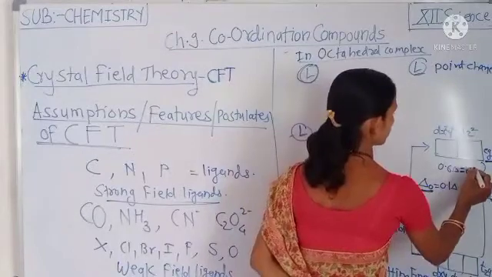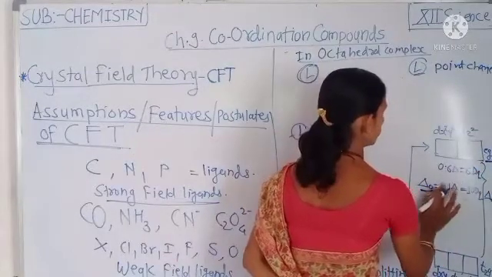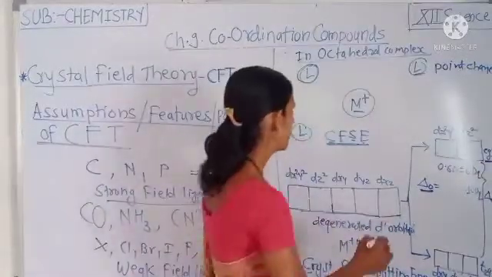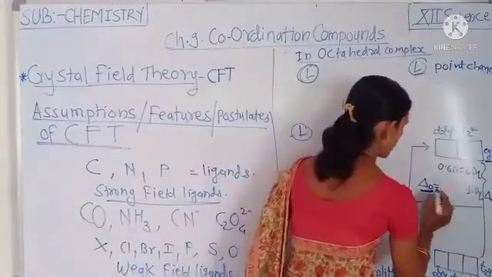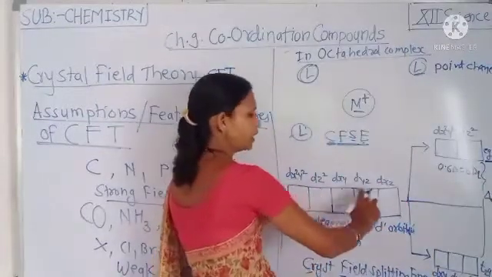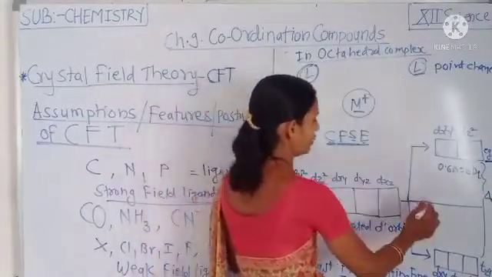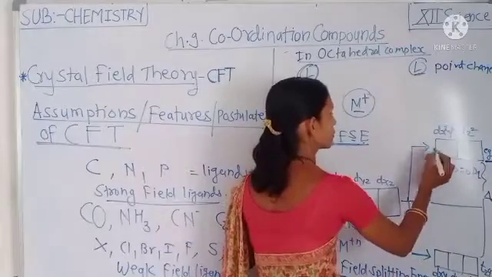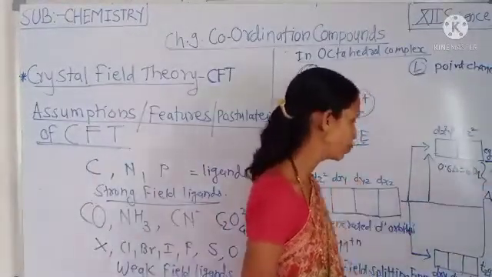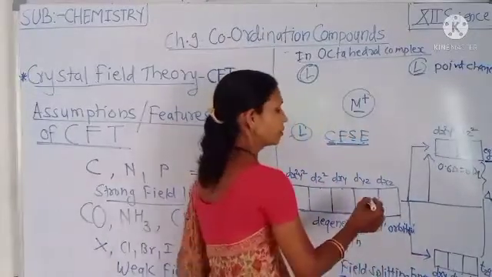From the original energy of the degenerate d orbitals, it is raised by 0.6 delta or 6 Dq.